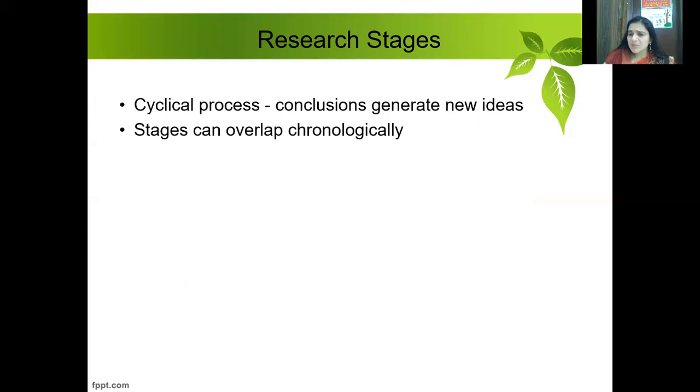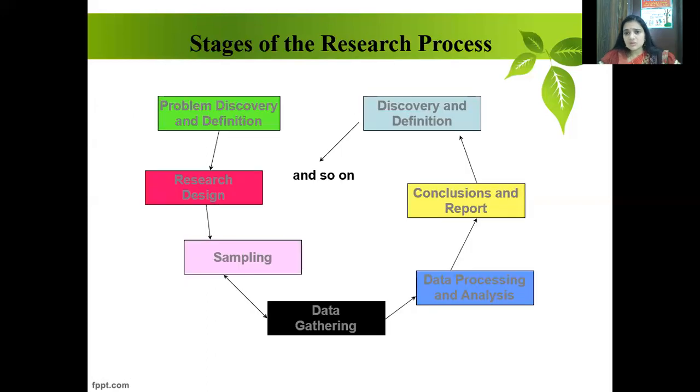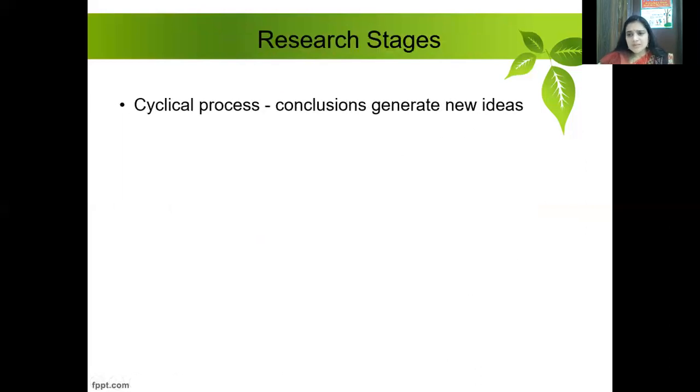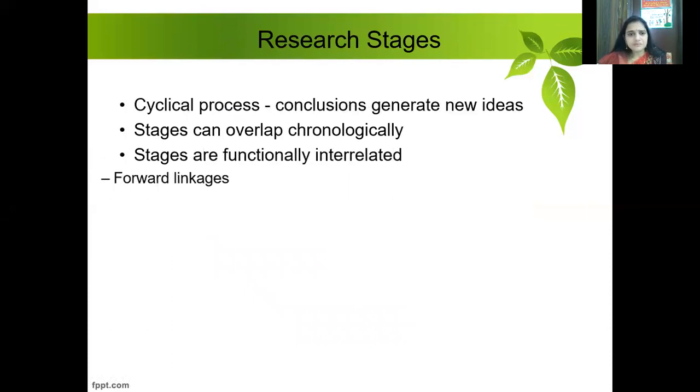Sometimes steps are overlapping, but the process would be the same. Sometimes you'll be gathering some data and then going for sampling, or maybe you are at the stage of data processing and analysis, and you will be gathering some data again. So this happens. We'll be discussing this in detail.